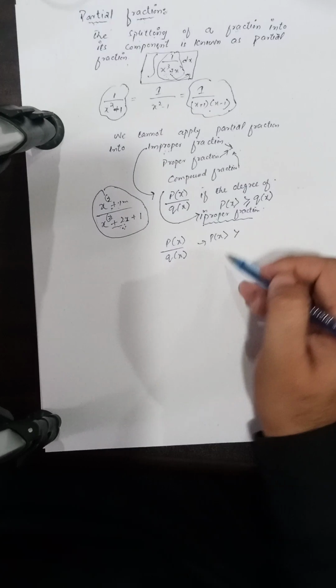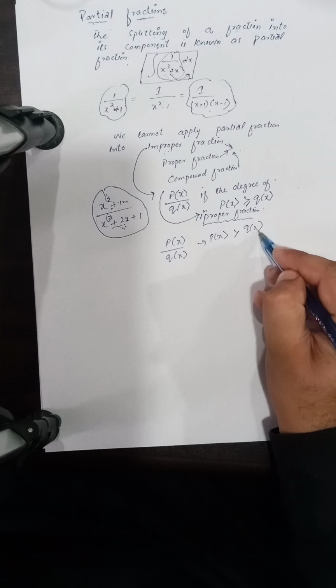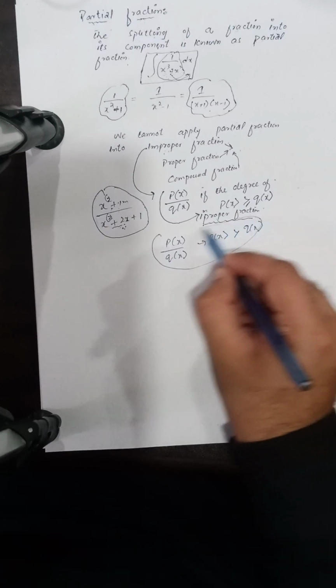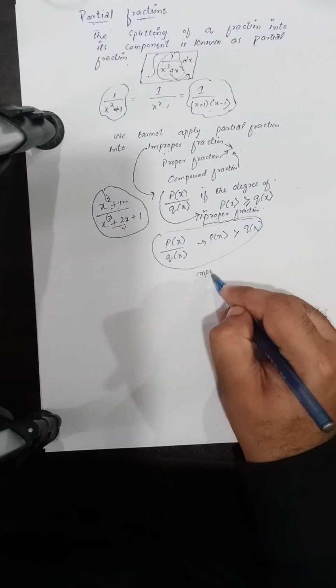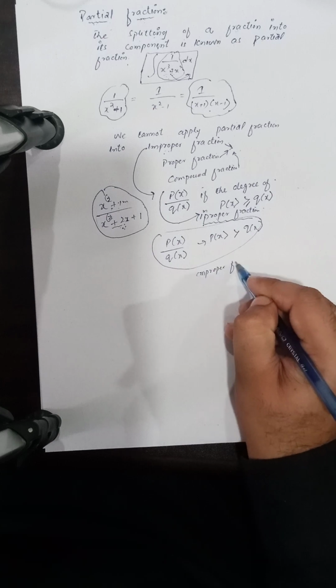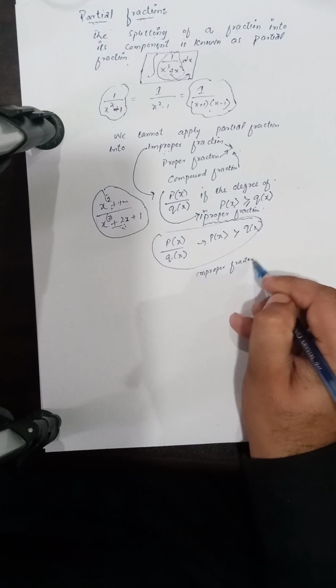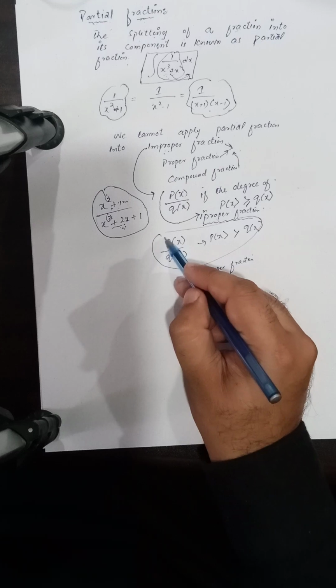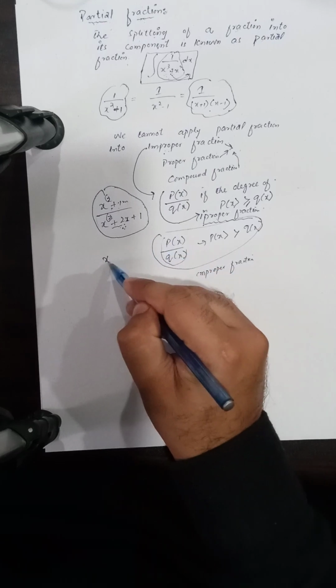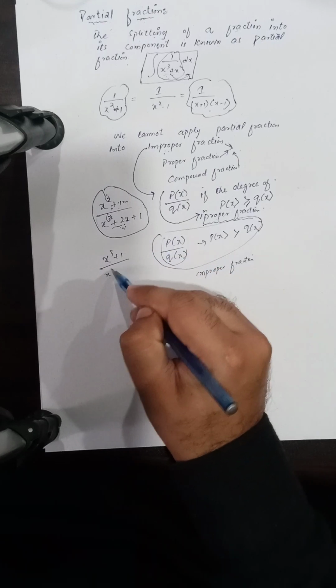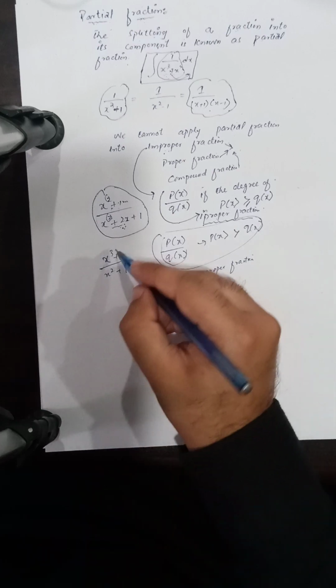If the degree of p of x is greater than q of x, then this fraction will also be an improper fraction, and we cannot apply partial fraction. For example, x cube plus 1 divided by x square plus 1.